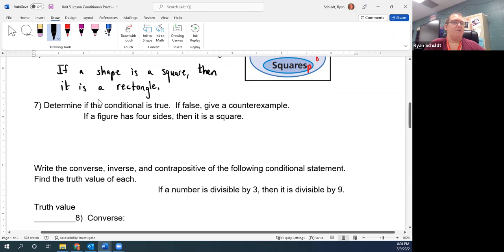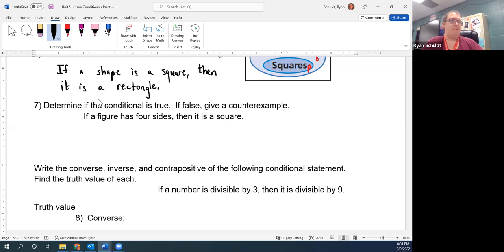Number 7, determine if the conditional is true. If it's false, give a counterexample. The statement says, if a figure has 4 sides, then it is a square. Is a square the only thing that has 4 sides? No. What about a rectangle?